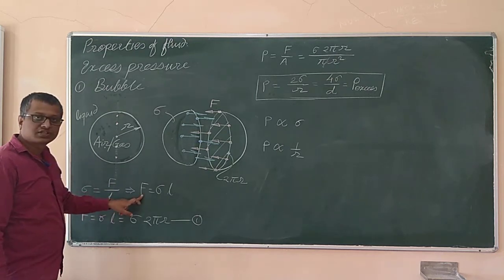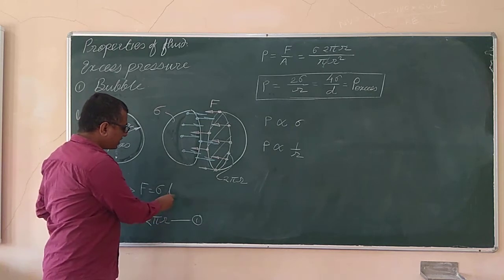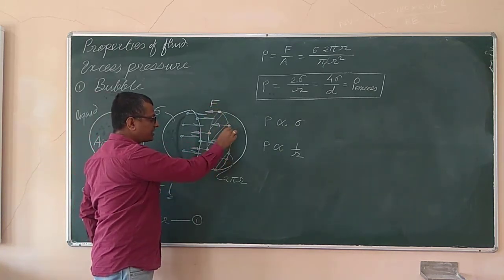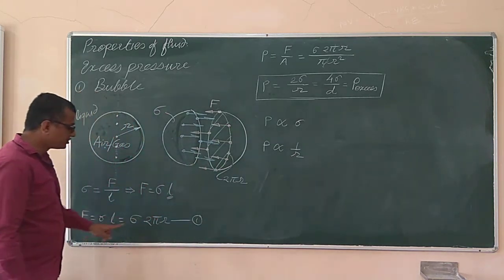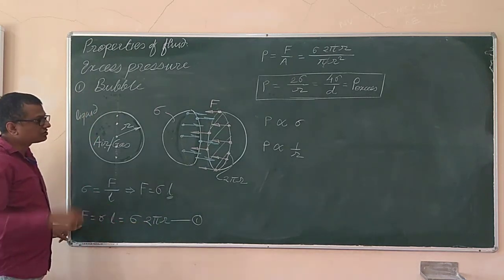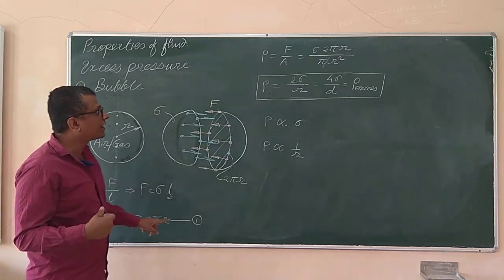So the force due to the surface tension is equal to sigma into L, where the effective length L is nothing but the periphery of this particular circle, that is, the circumference of the circle, which is 2 pi r.